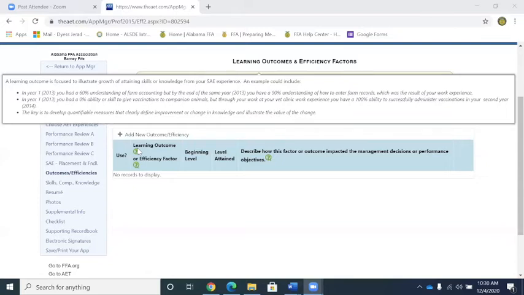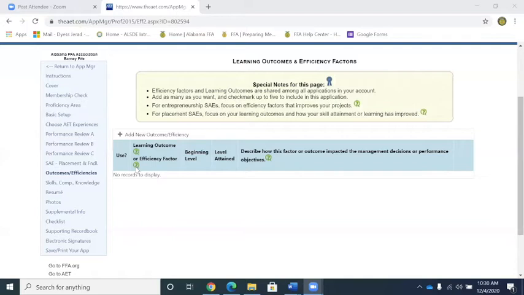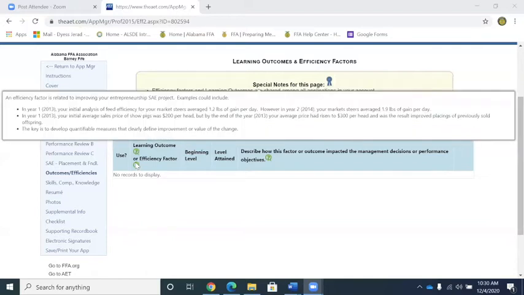So, slide down to efficiency factor now and see what it says about that. Notice that efficiency factors are mostly got to do with entrepreneurship activities.